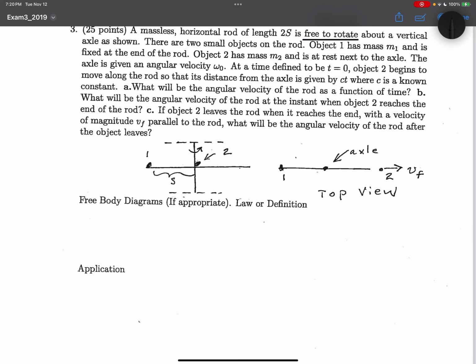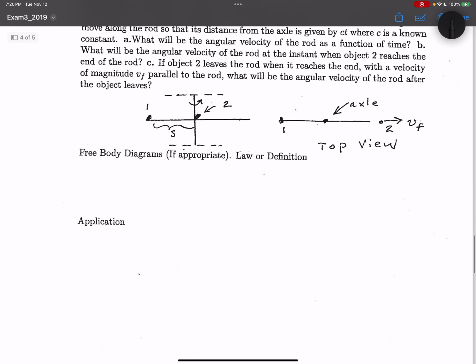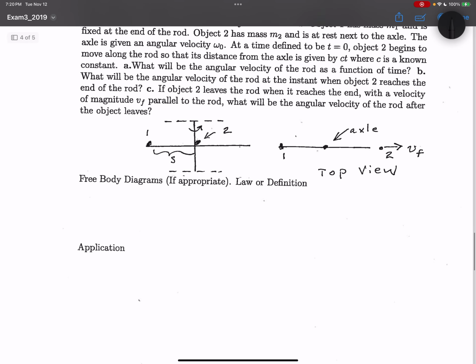So we have these 2 objects here. Part A is asking what will be the angular velocity of the rod as a function of time.